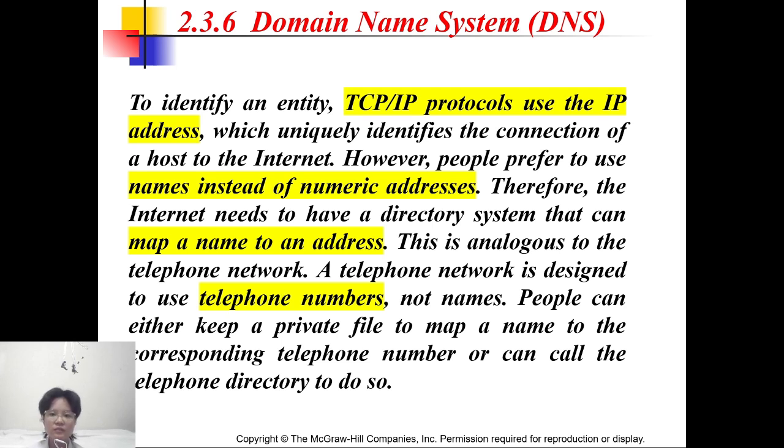For the Domain Name System, DNS, to identify an entity, the TCP/IP protocol uses the IP address, which uniquely identifies the connection of a host to the internet. However, people prefer to use names instead of numeric addresses. Therefore, the internet needs a directory system that can map a name to an address.